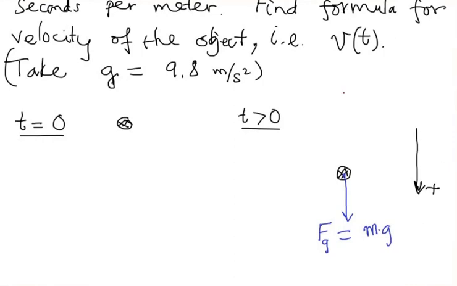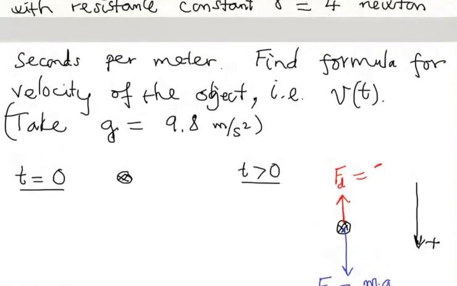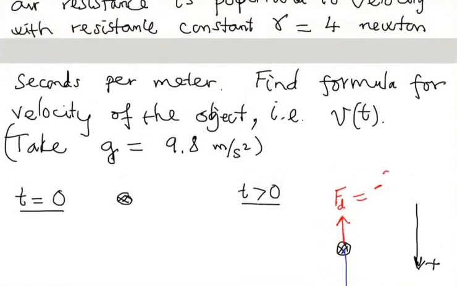And then we have the air resistance up here, F_d, the drag force, which is upward. I'm going to write minus. It's proportional to the velocity, so it's gamma times v. And we know that we're given gamma equal to 4 in this case.